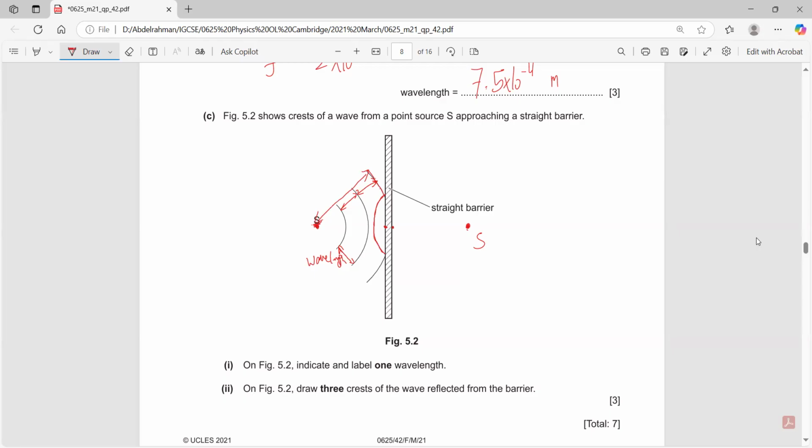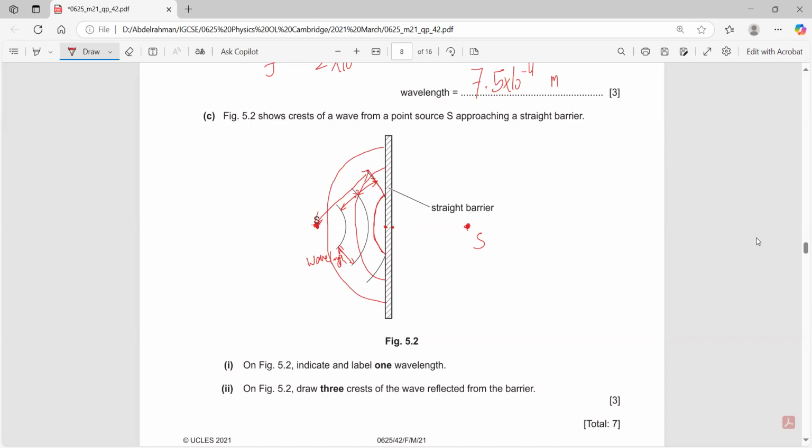So you'll add 0.8, so it would be 3.8 centimeters. I'm just assuming, you should do the calculations on your own. From this S, draw a wave of 3.8 centimeters this way. And then you add 0.8 or 0.9, and you'll have another wave this way. So now we have three reflected waves.